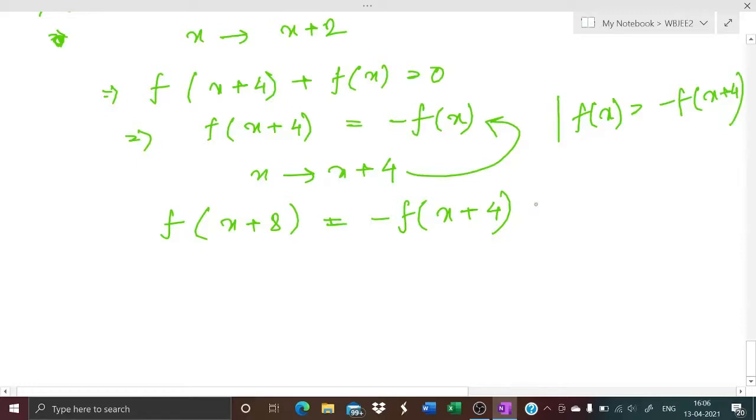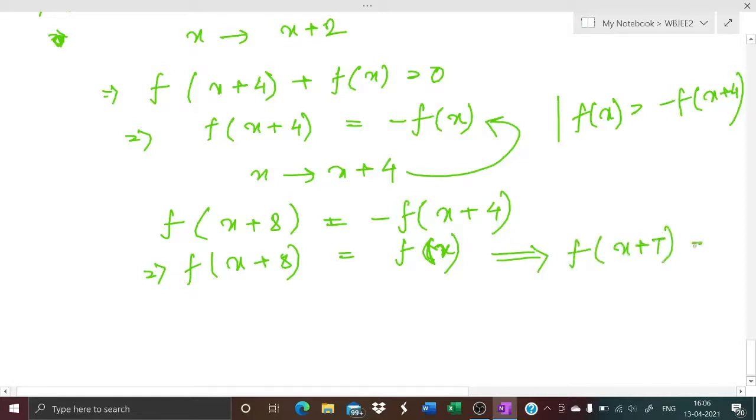So I will substitute this over here and I will get f of x. So basically f of x plus 8 equals f of x. So this is of the form f of x plus T equals f of x, isn't it? So my period would be equal to 8. The period of the function is equal to 8.